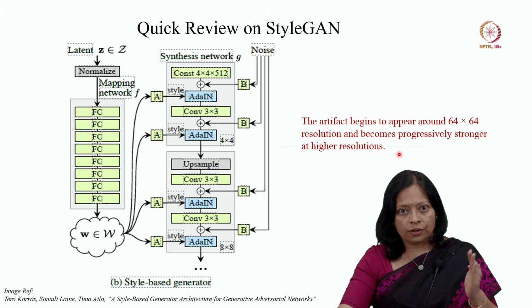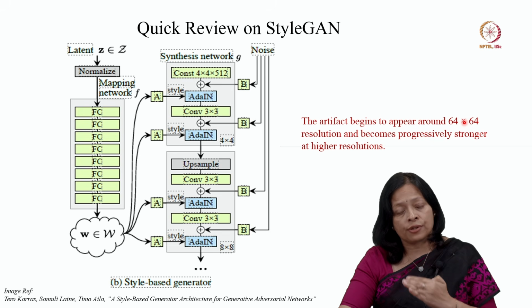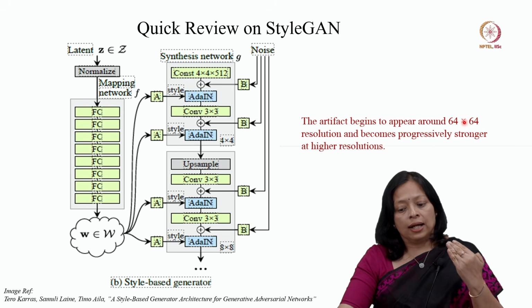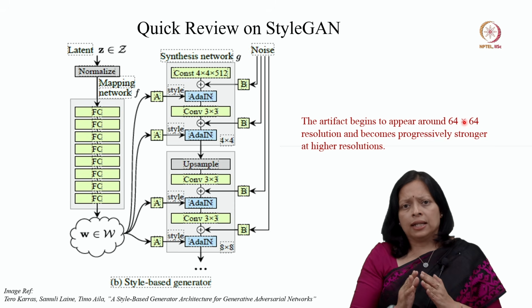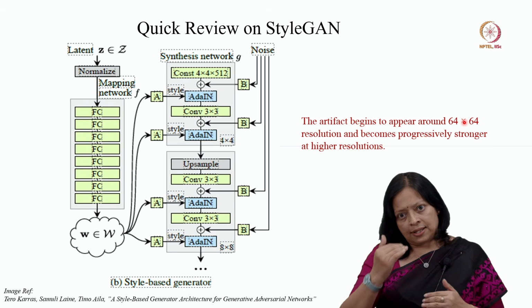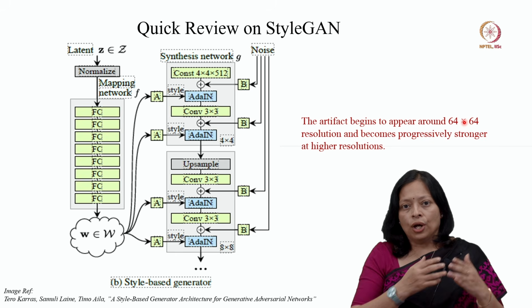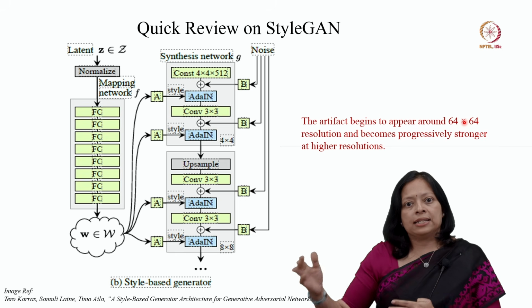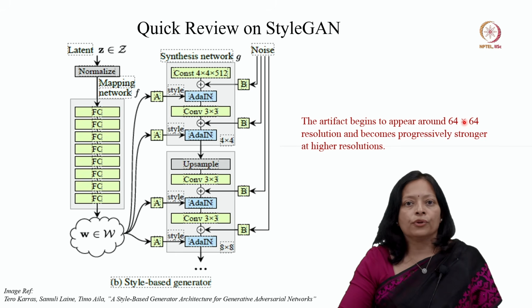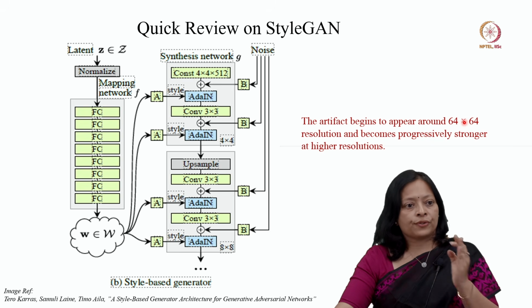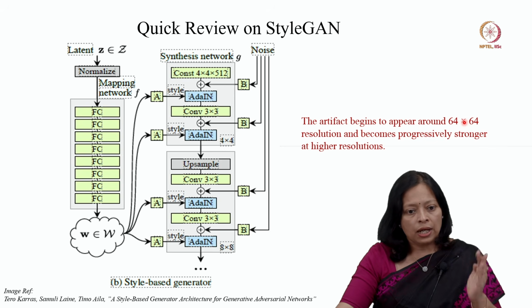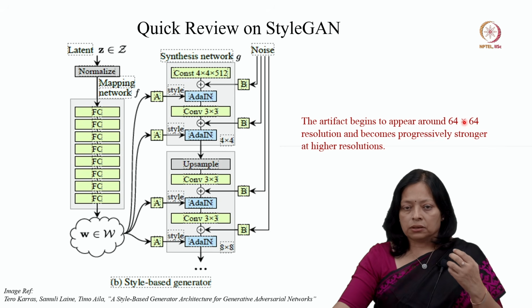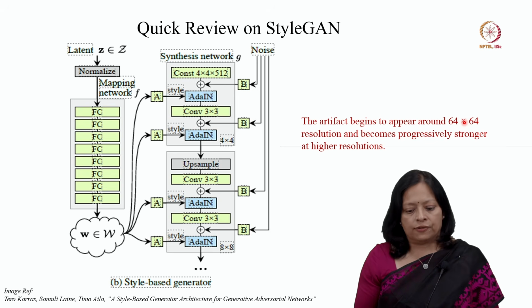Before that it was not visible, but from 64 cross 64 it started appearing, and it progressively grew in strength as the resolution increased. We have resolutions in StyleGAN up to 1024 cross 1024. All throughout the process from 64 cross 64 to 1024 cross 1024, there was an increase in the strength of these artifacts.